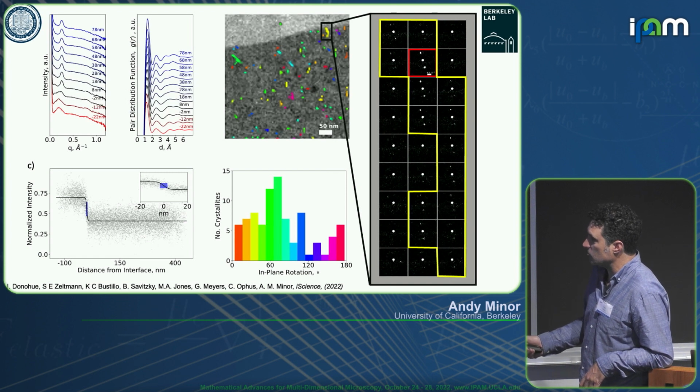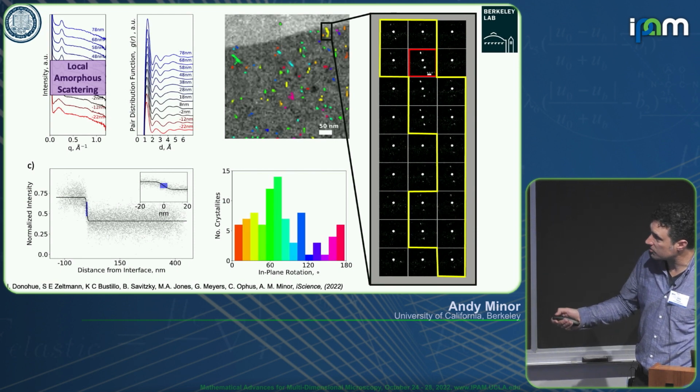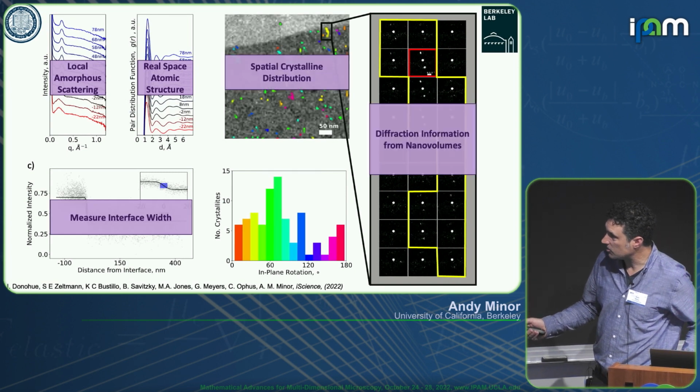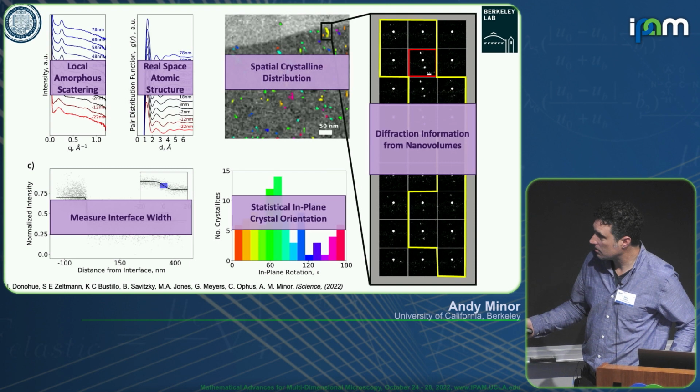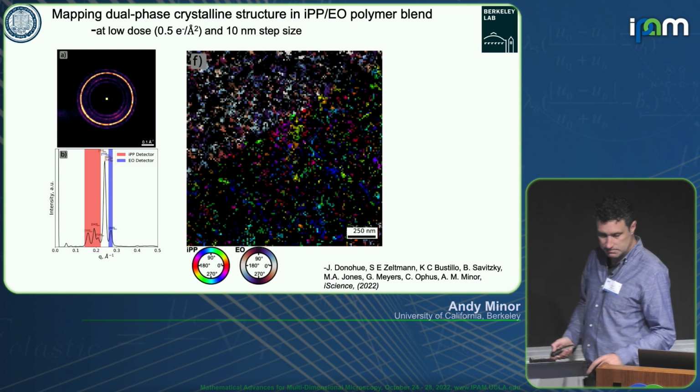You can measure the interface width, for instance. You can see the local amorphous scattering. You get the interface width, diffraction information, the statistical in-plane information.